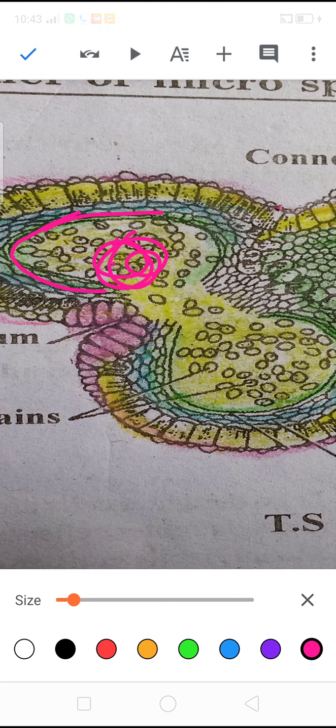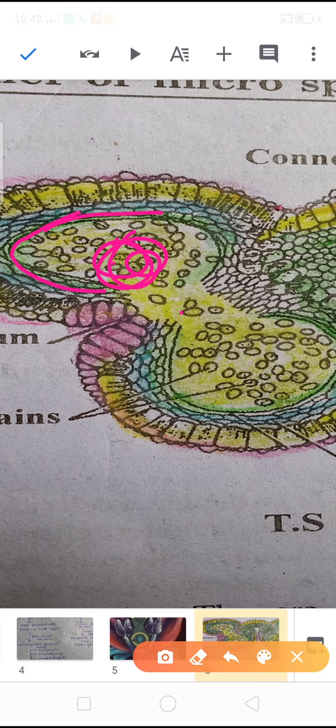Based on the development, tapetum is of two types: amoeboid tapetum and secretory or granular tapetum. Coming to the amoeboid tapetum, amoeboid cells are formed from immature tapetal cells.